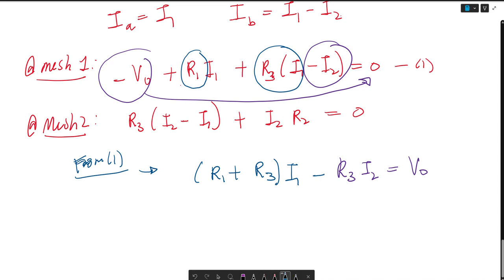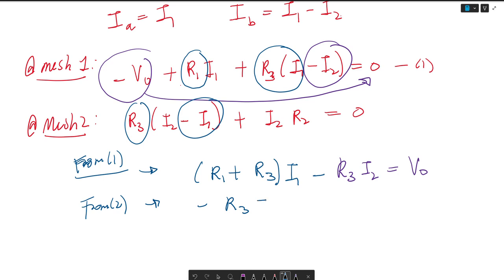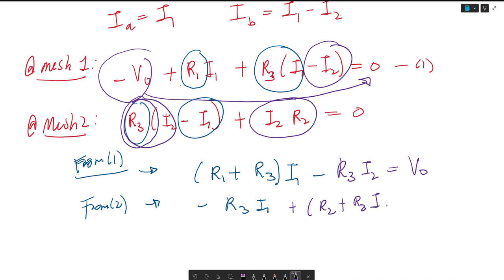And then secondly, from 2, I could say that negative R3, which again is here, negative I1 plus, this is positive, R2 plus R3 in terms of this times R2 is equals to 0.